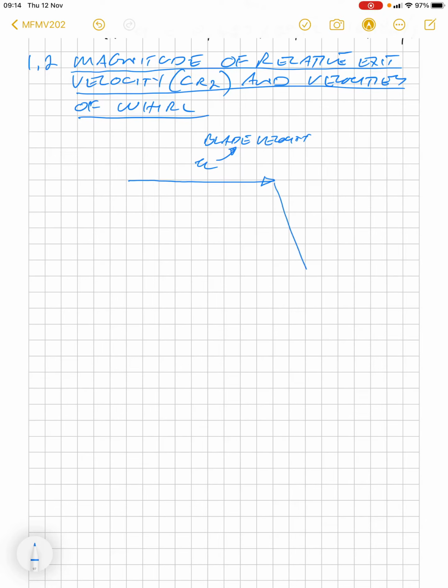Right, then we've got CR1, which is the jet relative velocity at entry.